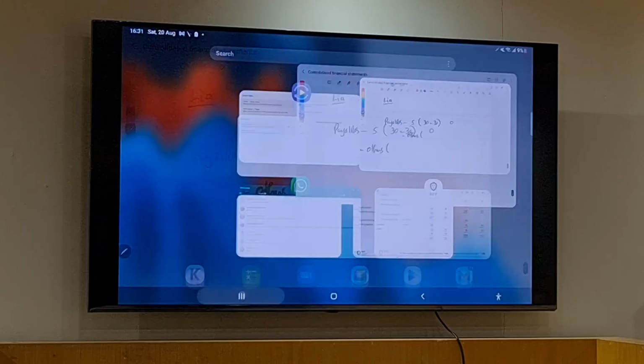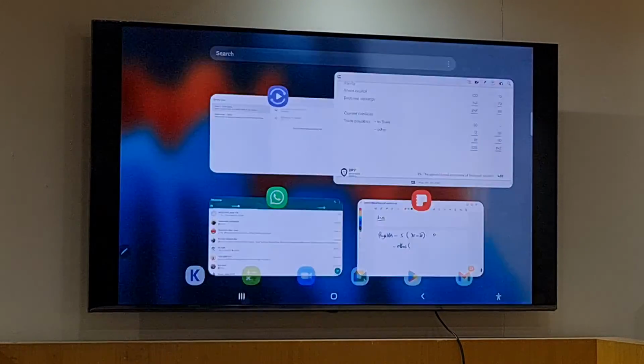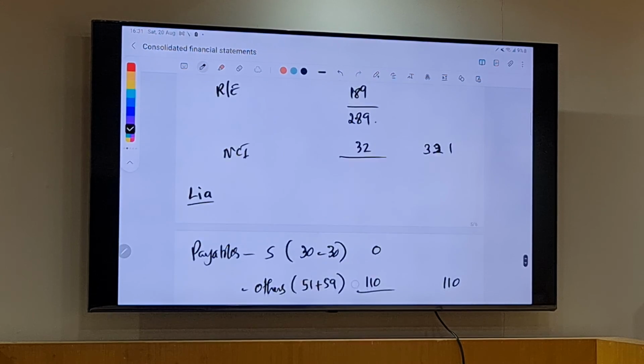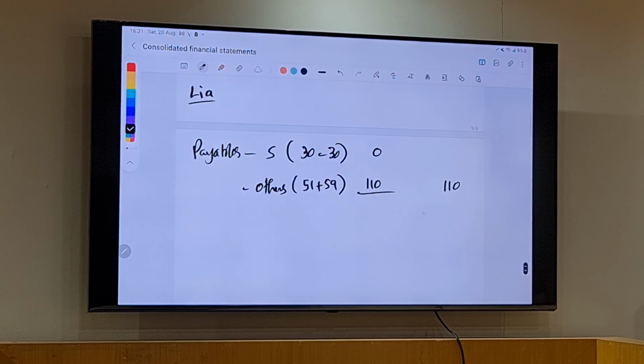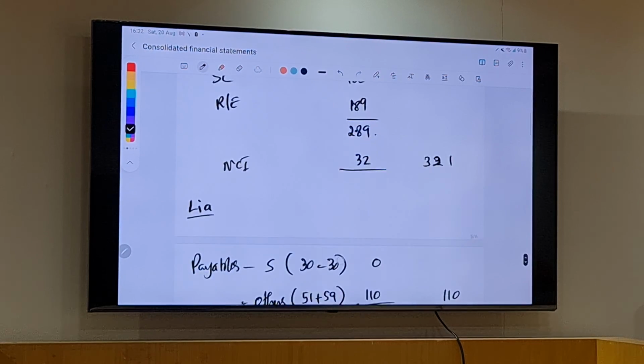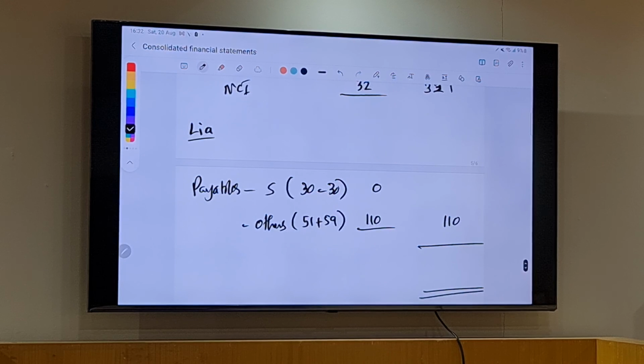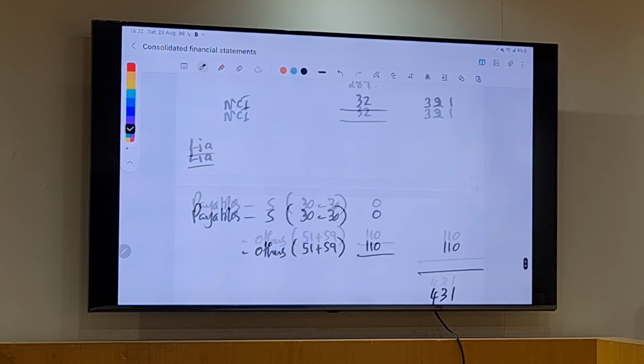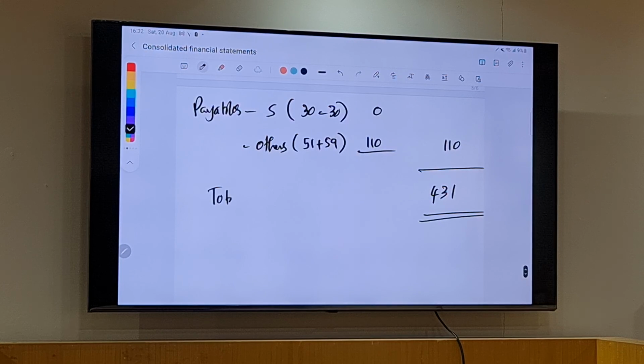Others: 51 plus 59, 21 plus 50, double 10, that is 110. What is the total? 431. Is it tying up? Yeah. Total.